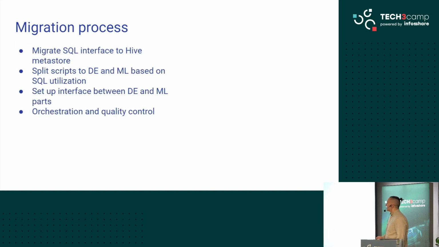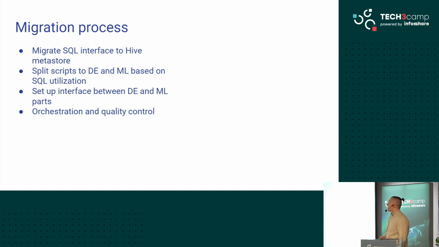The process of migration was divided into these parts. First is to migrate this SQL interface to Hive Metastore, because they have a very rich database there with a lot of dependencies on it, and we could not just skip it and refactor to some other process.